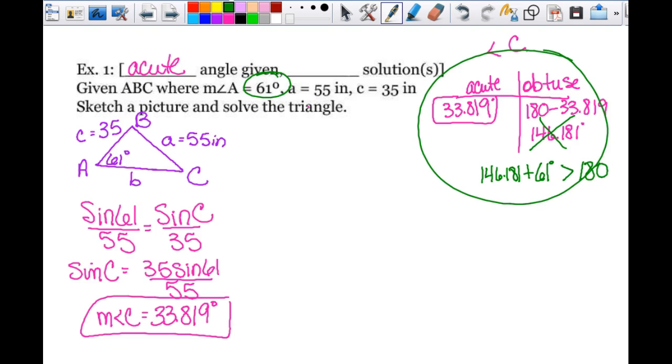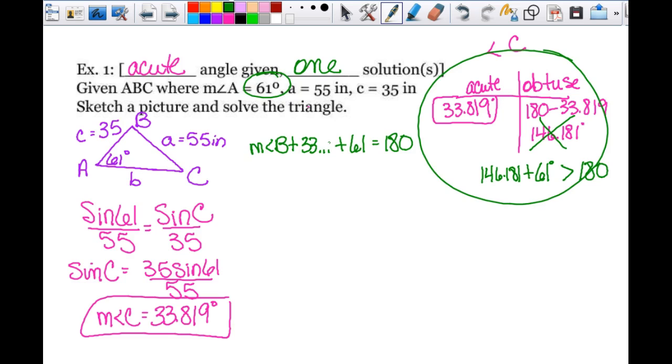Now I'm supposed to finish, so that means an acute angle given one solution. So there's my angle. I also have to find the other angle, right? Angle B, right? So I know that the measure of angle B plus 33 plus 61 has to equal 180. And I could just put C to remind myself that's a stored answer, right?